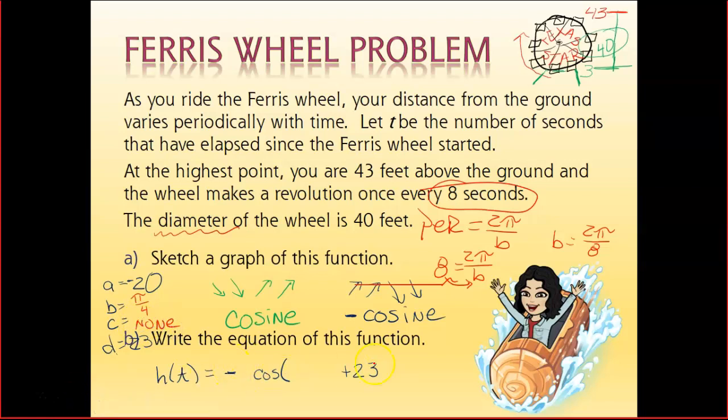I'm going to fill in my cute little graph right here. This is going to be a negative 20. My B is pi over 4 times T. Close my parentheses, and I move up to a plus 23 for my principal axis. All right, so I'm going to stop right there.